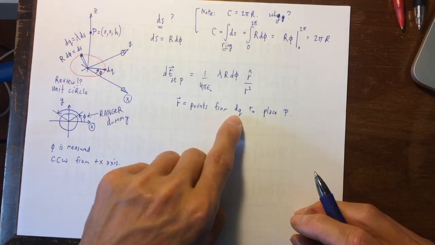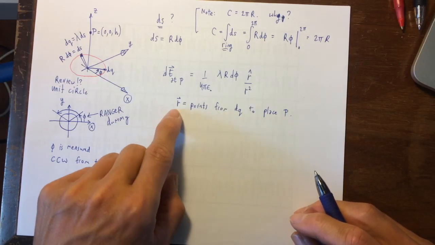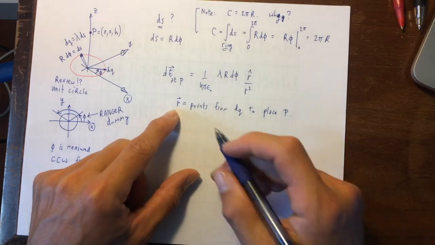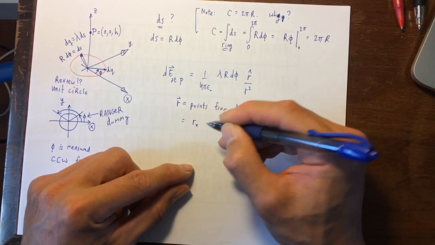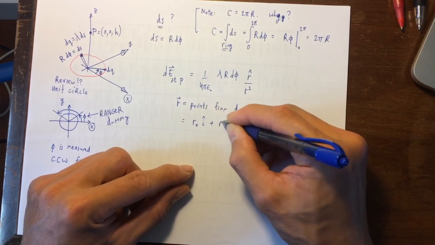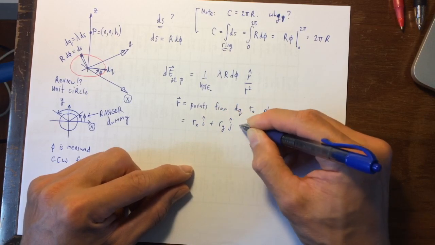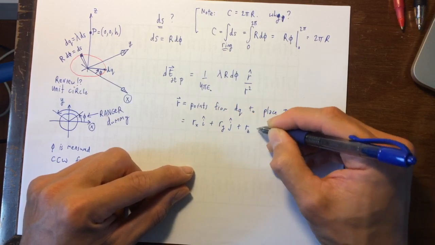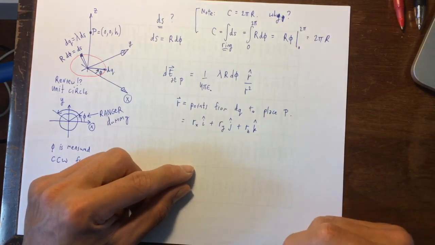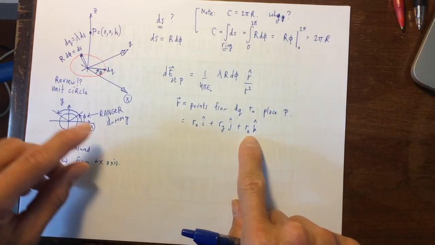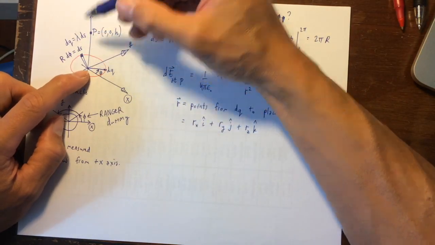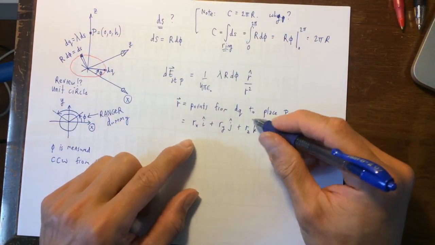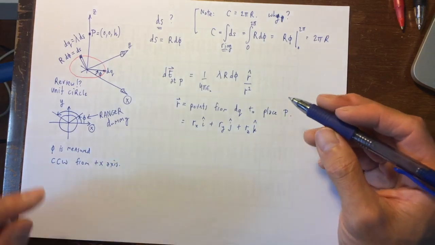So the vector points from dq to the place P, and I need to write this vector out. In general, this vector is an x component plus a y component plus a z component. The z component is really easy, but let me get to that first.